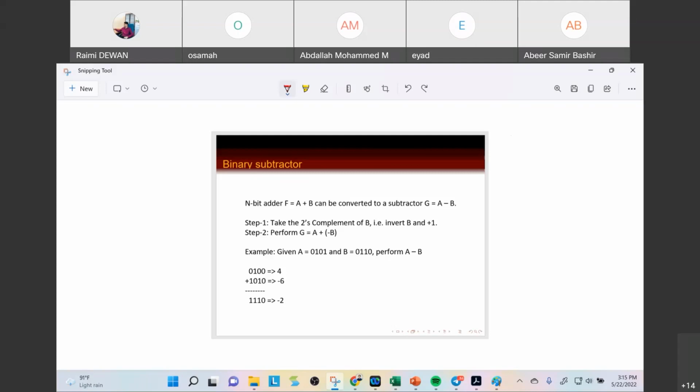So next is the binary subtractor. Sometimes I mix it up with the test one questions because I worry about test one.